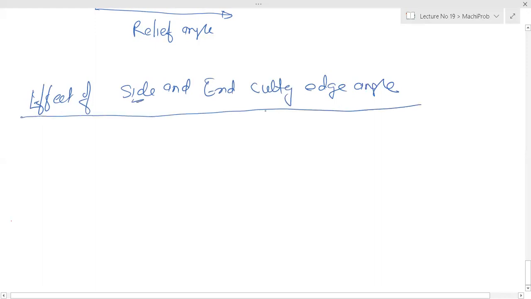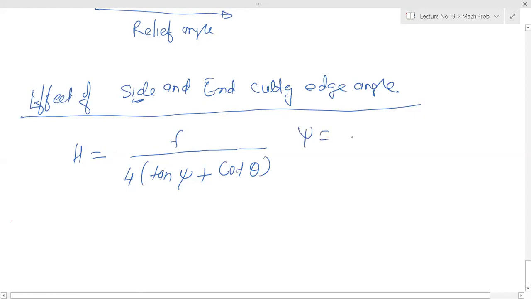So H is equal to feed divided by tan psi plus cot theta, where psi is your minor cutting edge angle, or we call it side cutting edge angle, and theta is your end cutting edge angle.